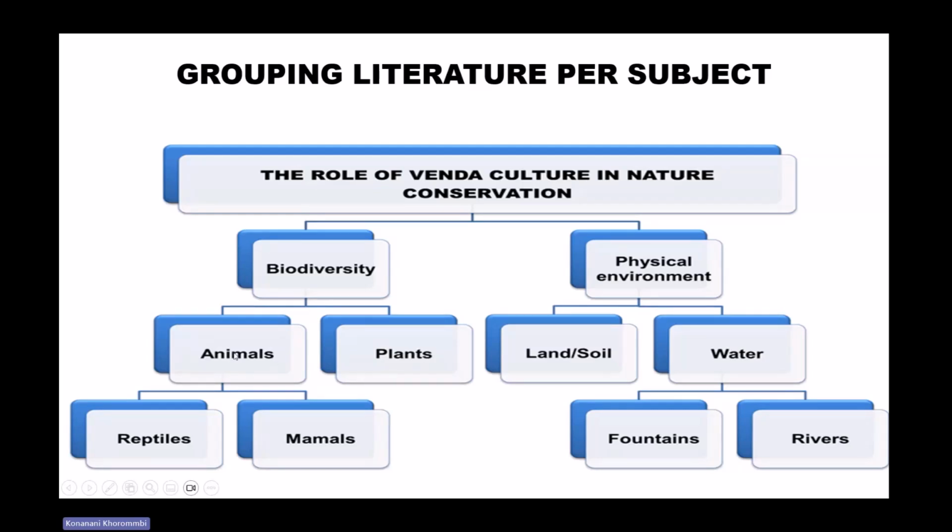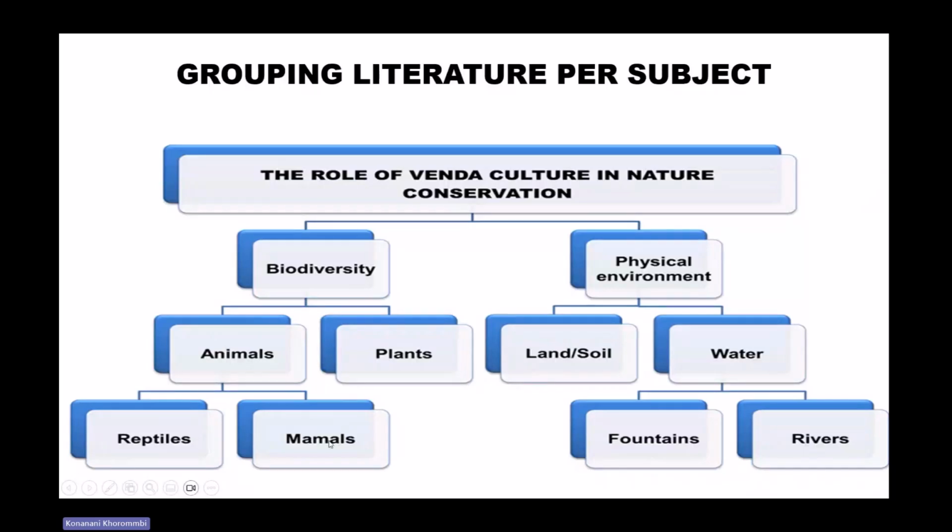If I zoom into animals, there are reptiles, like your snakes, like your lizards. But animals can also be mammals. These are the animals that we eat. Sorry, larger animals like your elephants, your kudus, your zebras, all of them are there. Some eat animals.